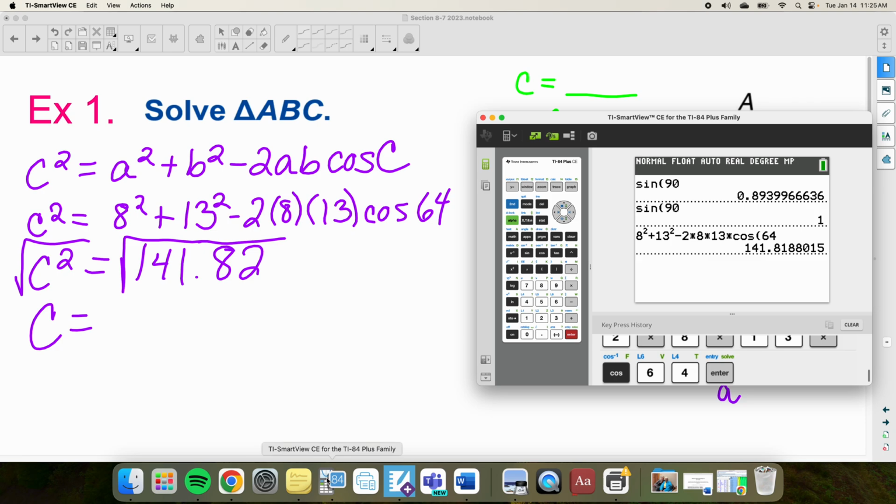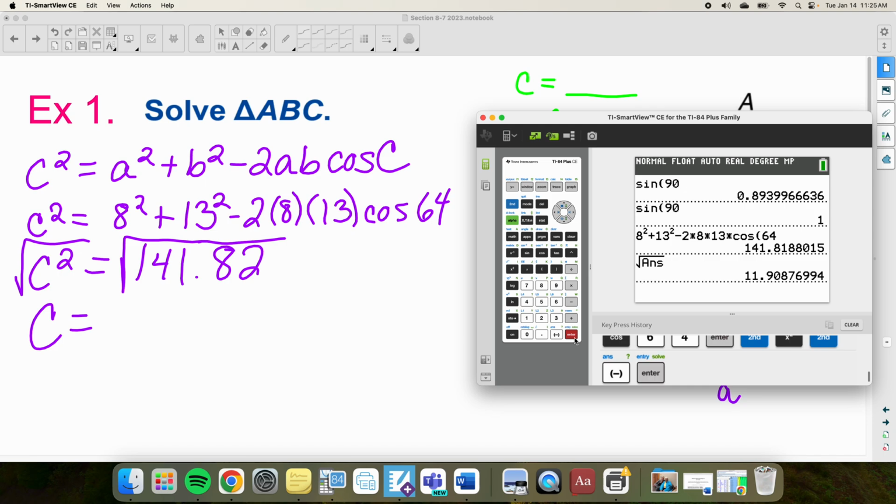To get the most accurate answer, you would go second square root, and you'd pull that answer down, and how you can do that is go second and this negative key. And that's taking the square root of the whole number, not a rounded number, so your answers should all be the same.